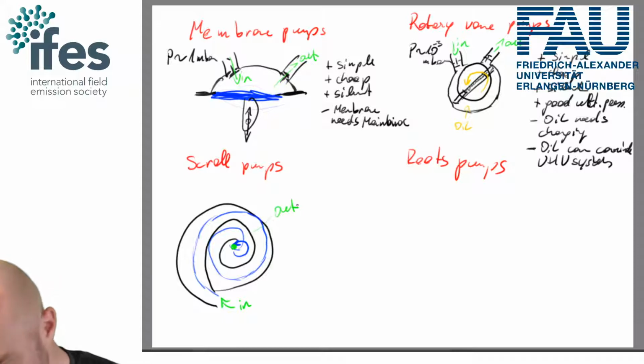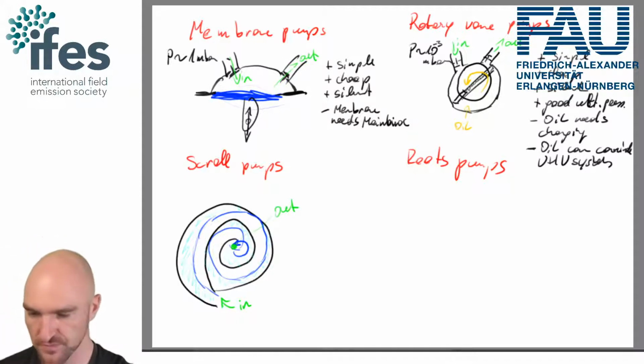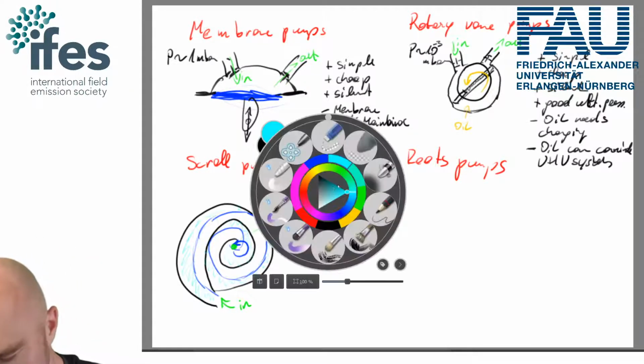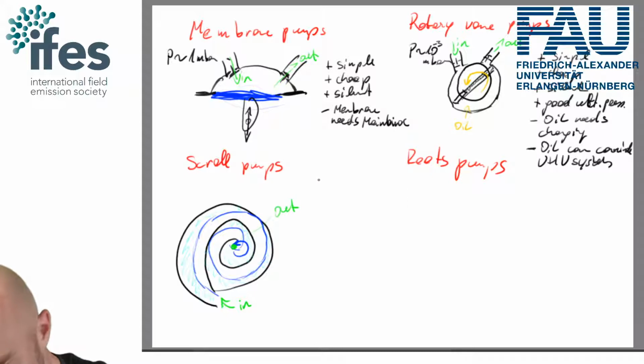And as the scroll moves, we have air or whatever going in here, and then it gets compressed through those rotary motions, and eventually ends up in the middle. The good thing about those pumps is they are dry.